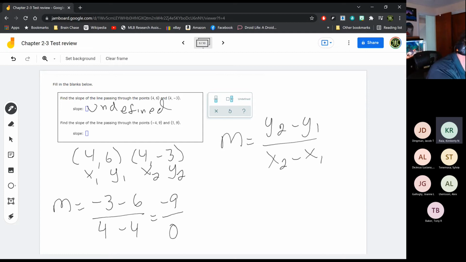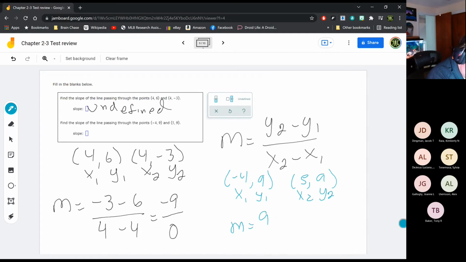All right, let's look at the other one. See if you can get the other one. So same thing with the other one. So I'm going to have my points -4, 9, and 5, 9. So x1, y1, x2, y2. So I've got 9 minus 9 over 5 minus a -4. 9 minus 9 is 0. 5, 2 negatives make a positive.